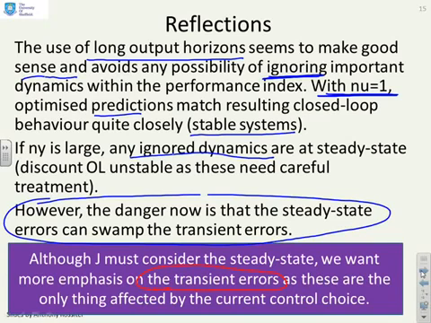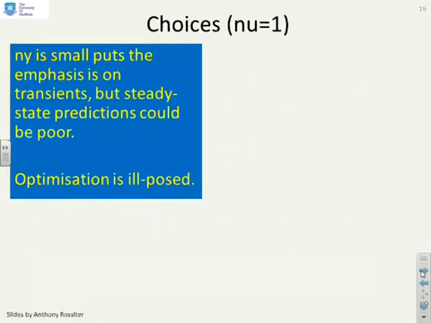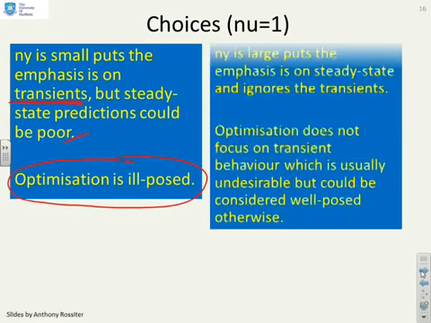And what we're seeing is that if we have a large ny and nu equals 1, we can't do steady state and transients together. So ny equals small puts the emphasis on the transients but ignores the steady state, and therefore the steady state predictions can be poor, and what we showed in the previous video is the optimization is ill-posed, and you really shouldn't be doing this.